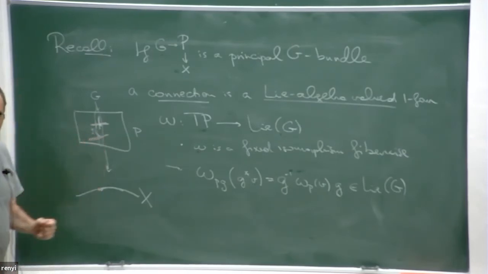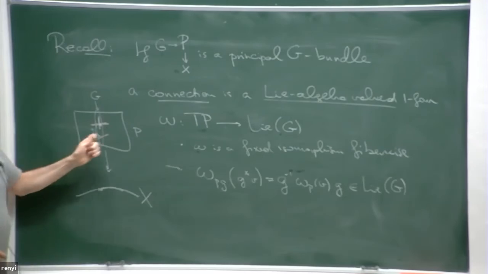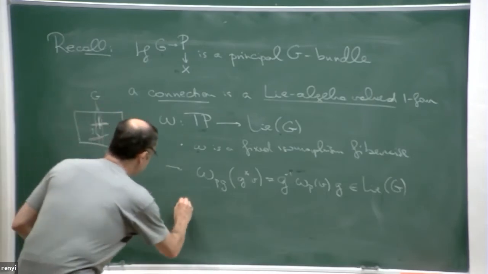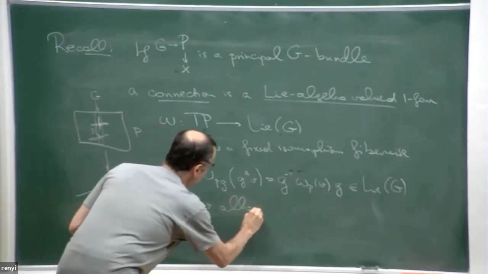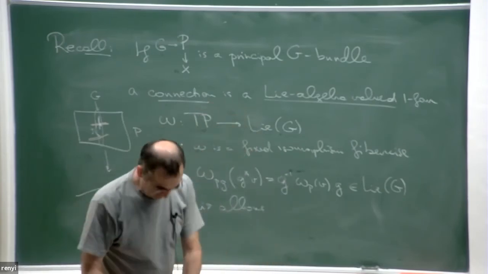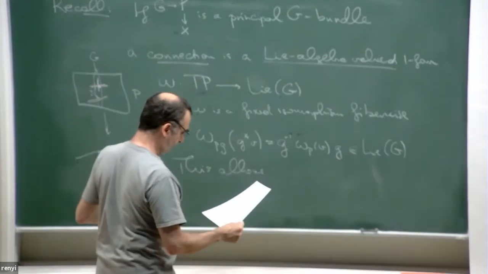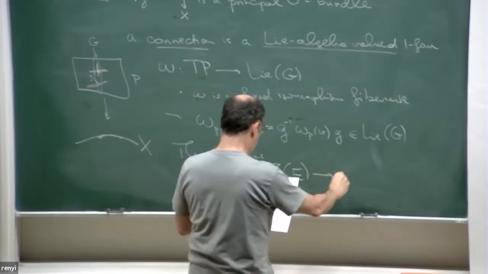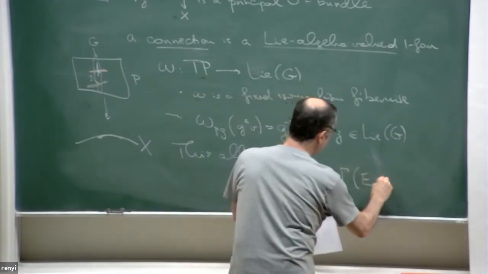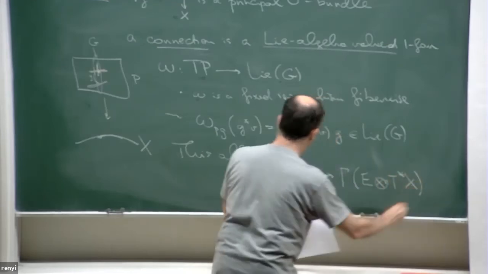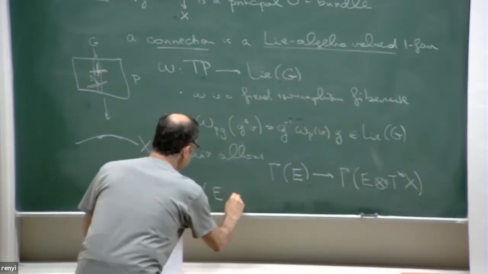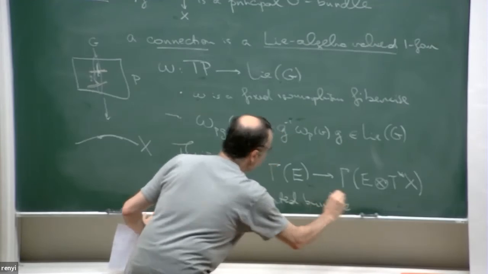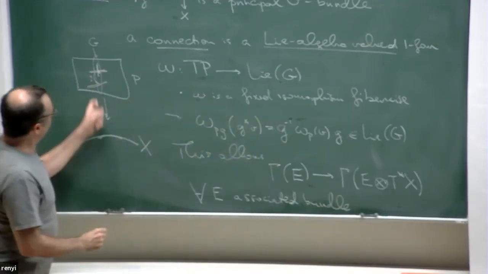And this allows us to do covariant differentiation on every associated bundle. So how did I formulate that? A map from gamma E to gamma E tensor T_X star, for every associated bundle E. So if we fix a connection, then we know how to lift curves.